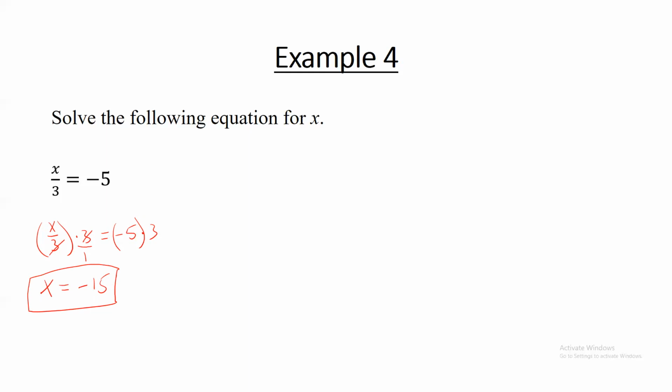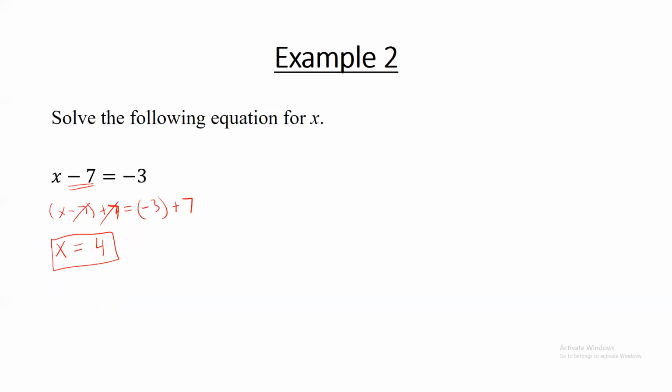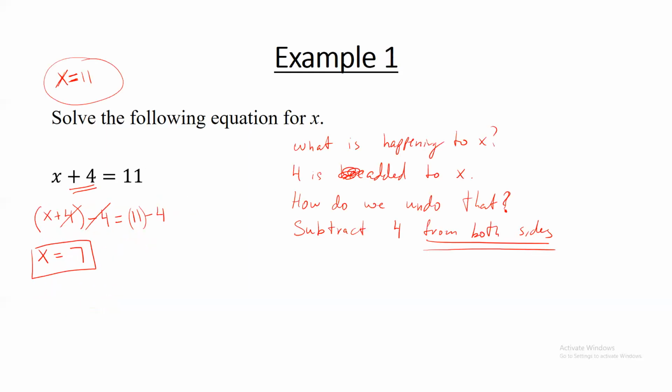Now, as you go through the steps of solving these equations, it's not difficult to make a silly mistake. Happens all the time, happens even to us professors. And there is a way to check if you did your work correctly, right? If your answer is correct, for example, if you look at the first example, x equals 7 is correct.